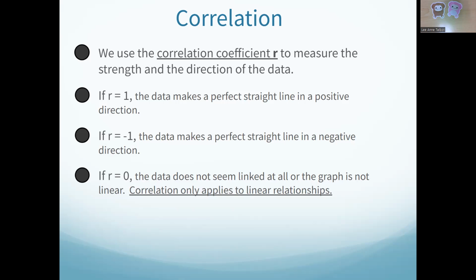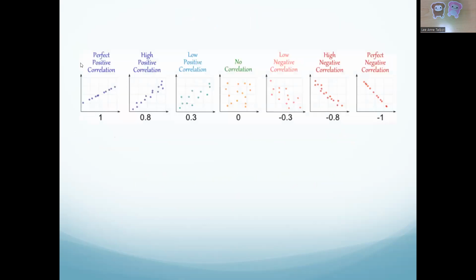Oh, great. Okay, and then do you see all of these graphs in the middle? Right here, I've got R equals 1, so that's 100% strength. And then the next one, the purple one, 80% strength, 30% strength, 0.